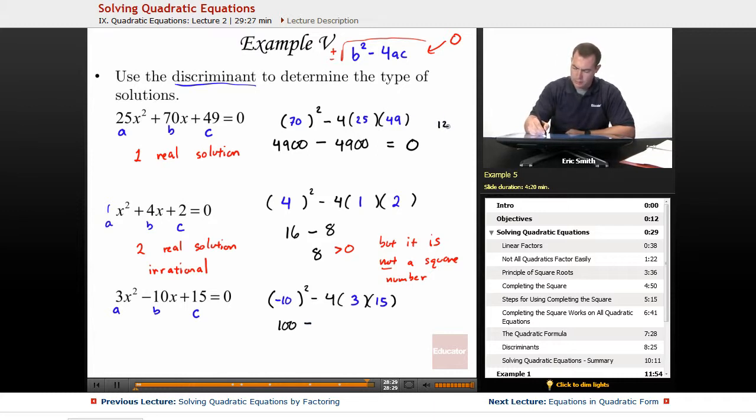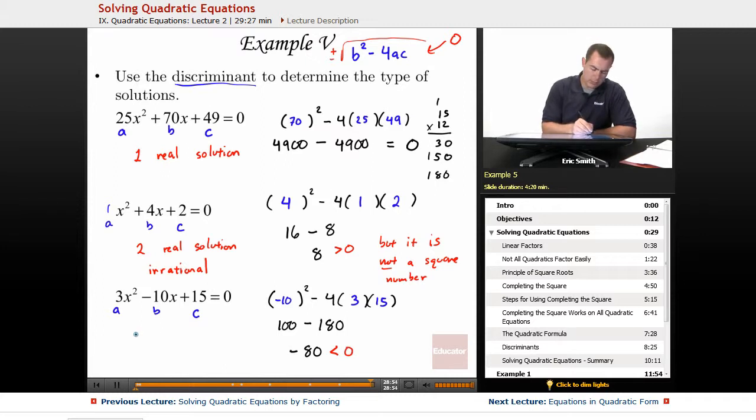I got a 12 times 15. So I have 100 minus 180, or negative 80. So in this one, our discriminant is less than 0. That's an indication that we will have two imaginary solutions.